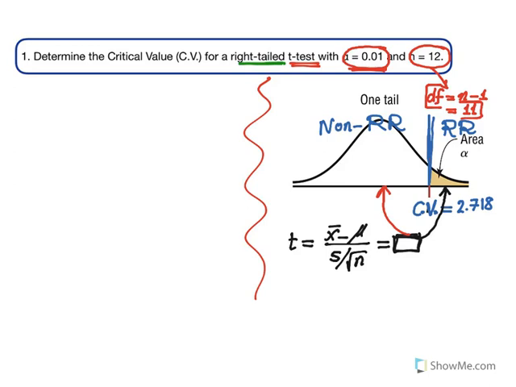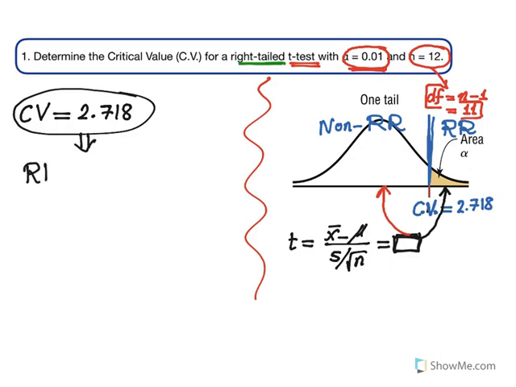So let us write all of what we found. We found that the critical value is equal to 2.718 in this case. If you watch the previous part on the z-test, you'll see that now everything is the same. Once you compute the critical value, the two tests, the z and the t, are the same.